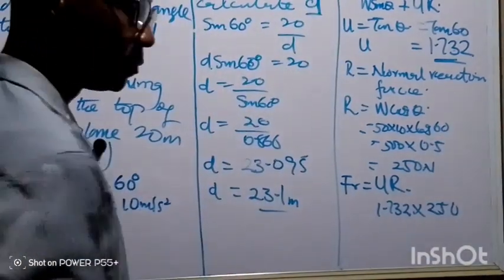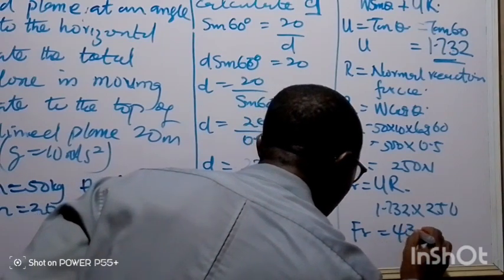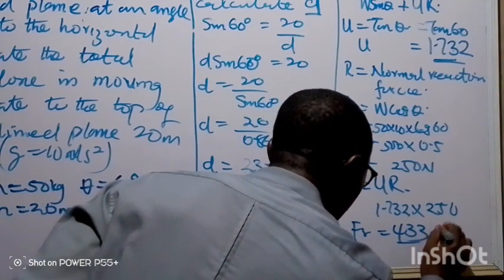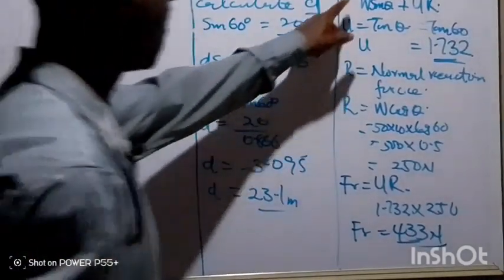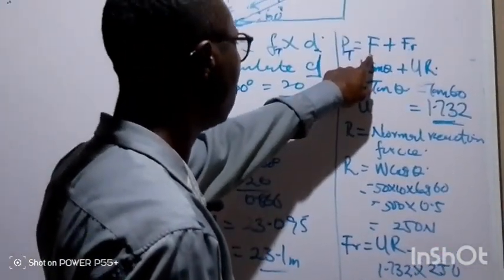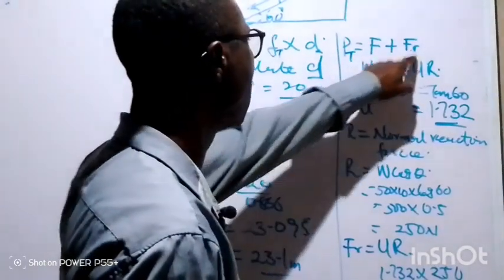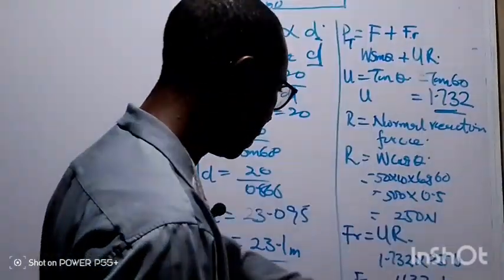The frictional force will now give us 433 Newtons. Don't forget, we said the total force will be F plus Fr. We know the value of Fr as 433 Newtons.